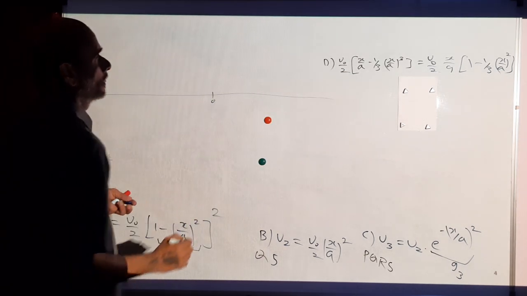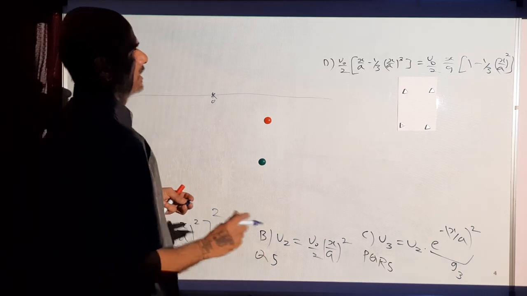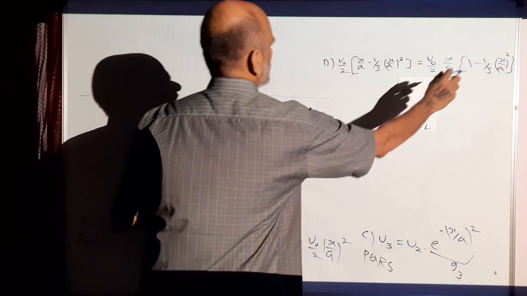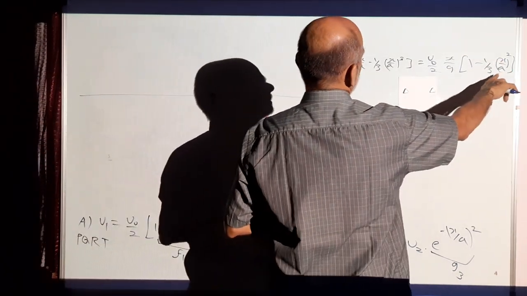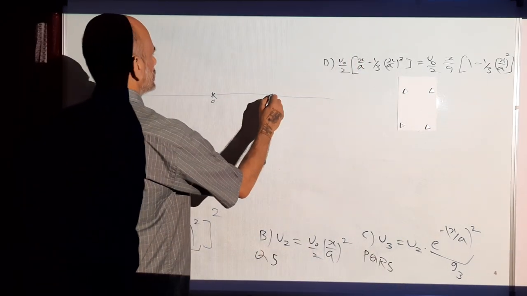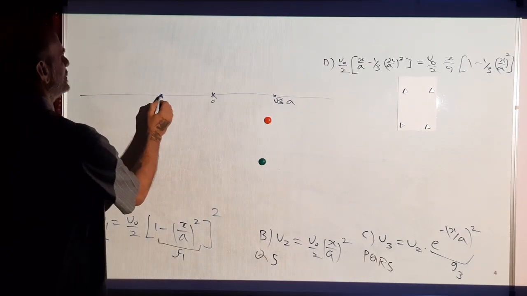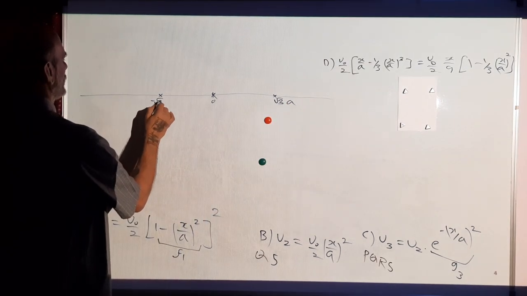So this is 0, the function is 0. This is U4. And x equal to root 3 a, a will cancel, root 3 square is 3. Similarly, minus root 3 a, here also the function is 0.